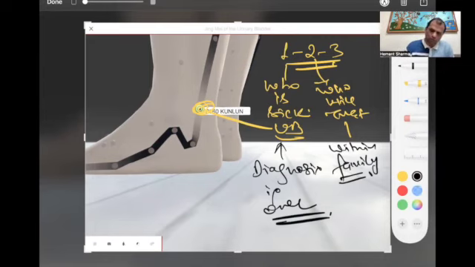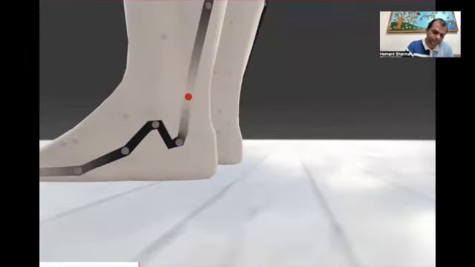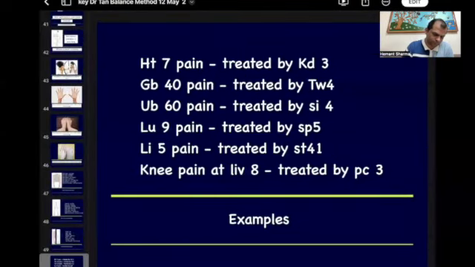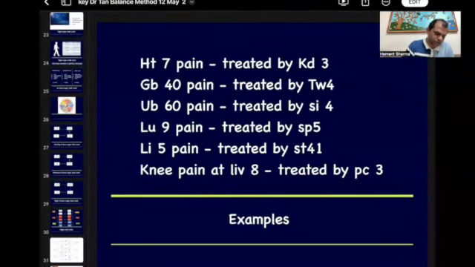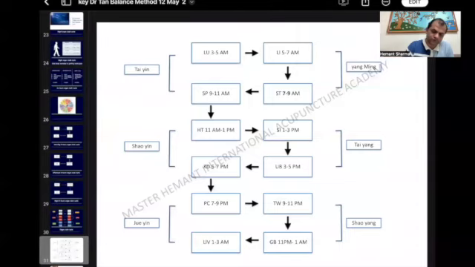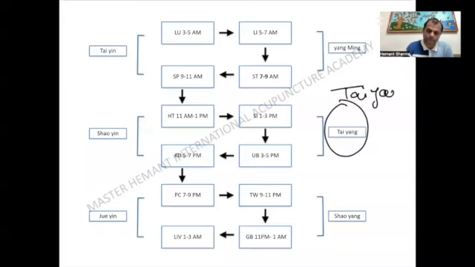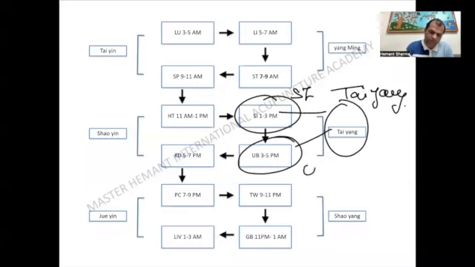Okay, so who belongs to the urinary bladder family? Let's see here. As per our chart, if you see Taiyang, it means small intestine and urinary bladder.